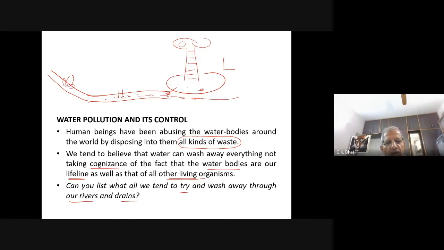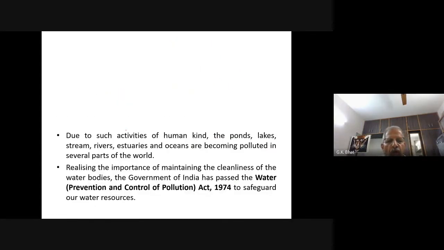So, you must know what all we tend to wash away through rivers. Due to such activities of humankind, the ponds, lakes, streams, rivers, estuaries, and oceans are becoming polluted in several parts of the world. Even our oceans are becoming polluted.